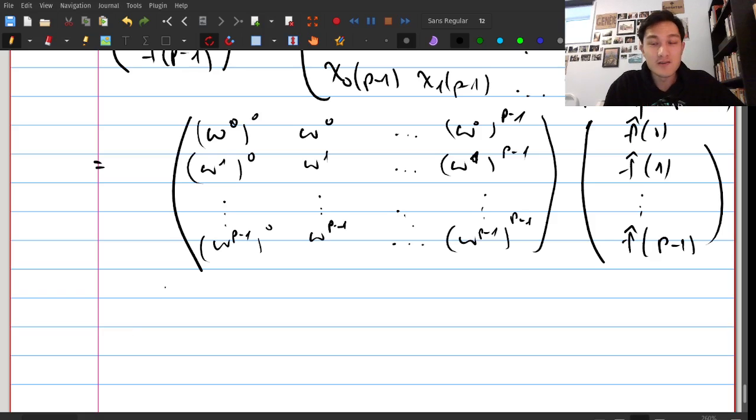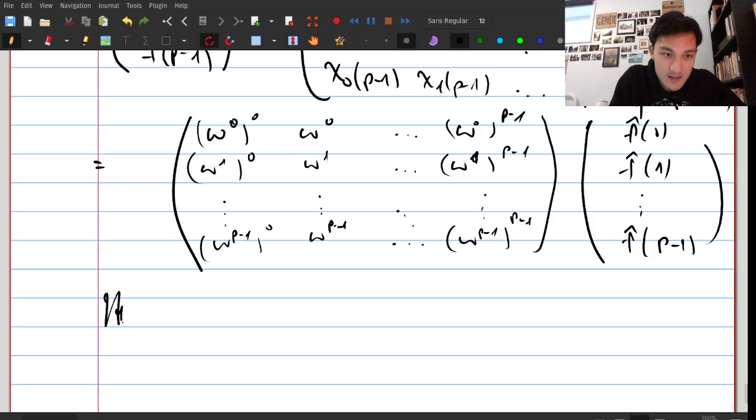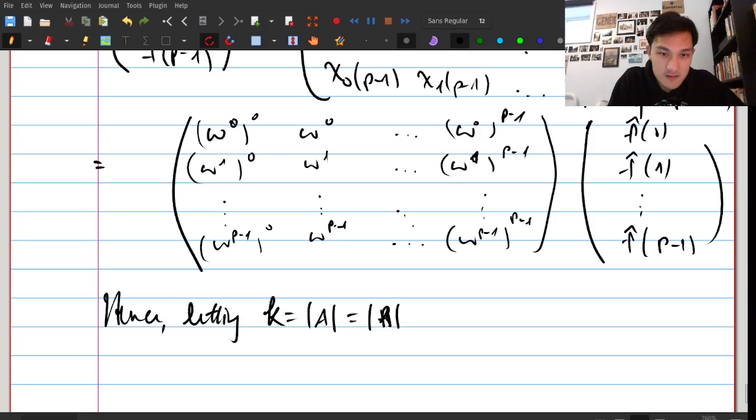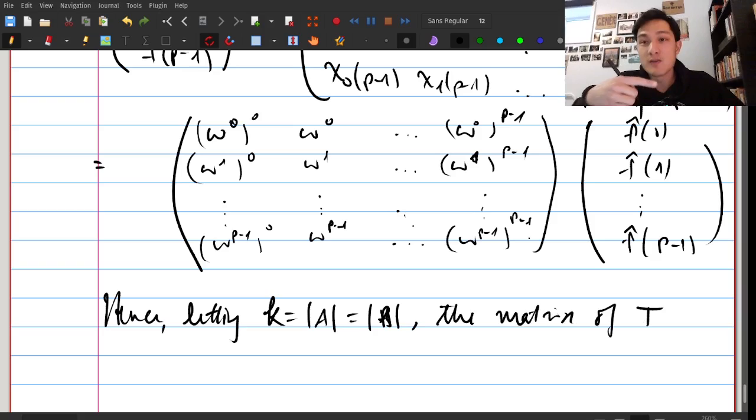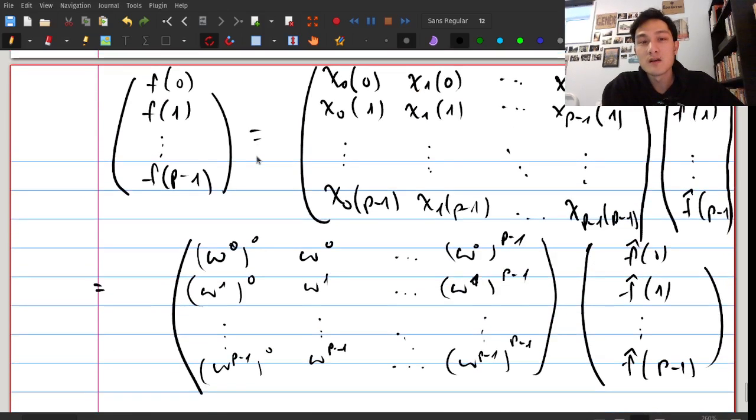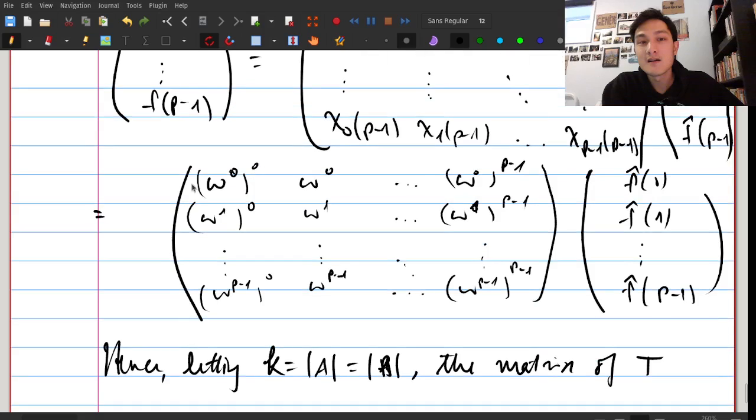And now we can see that we're in the domain of Chebotarëv's lemma. So hence, letting k equal the size of A equal the size of B, the matrix of T, remember, is you apply f, and then you restrict to A. So you apply f, but since f has support contained in A, only some of the columns matter, sorry.